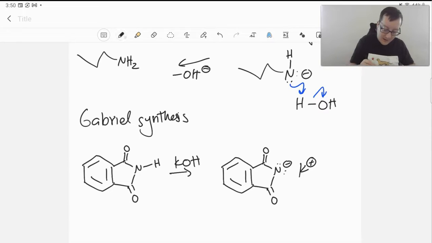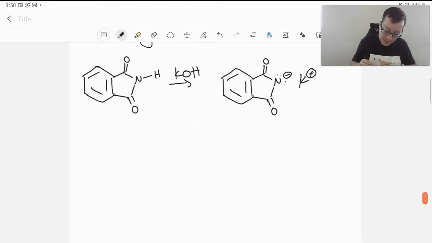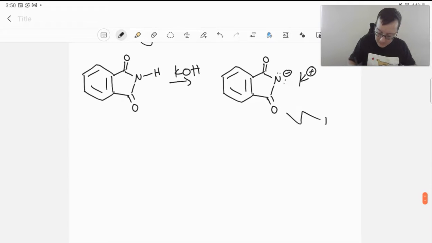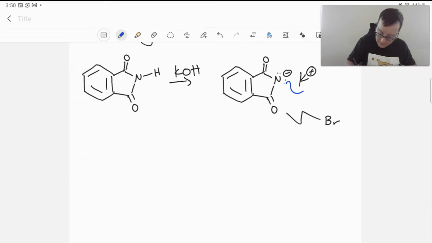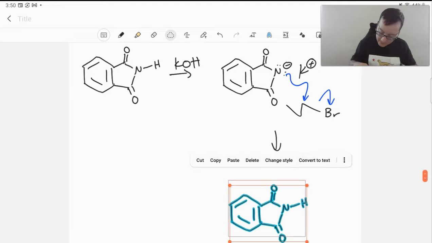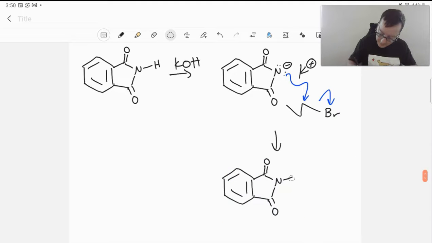So we're going to go ahead and take our alkyl halide of choice. Say we have that same one, the propyl bromide, which I will draw the same way as before, so that we can have the substitution happening nicely here. We're going to go ahead and kick out our bromine, which gives us now the nitrogen attached to that. I'm going to just copy paste it here. So we have now our 3 carbons attached. 1, 2, 3.